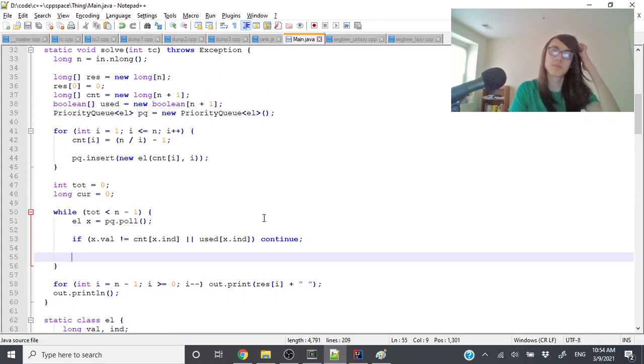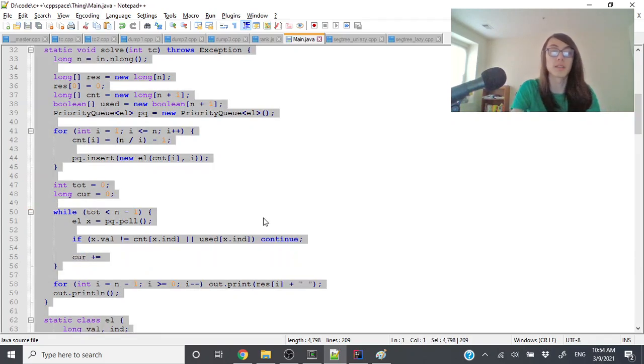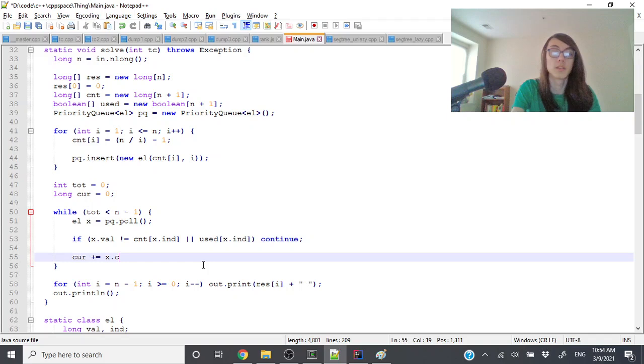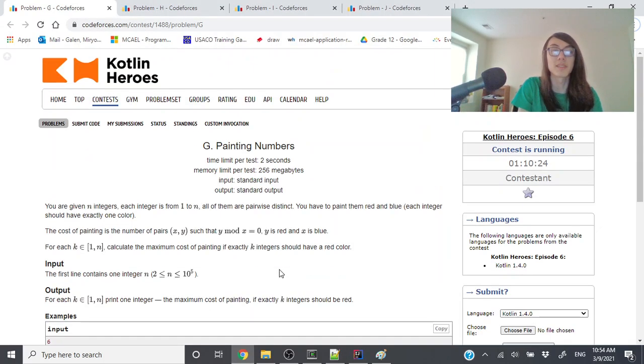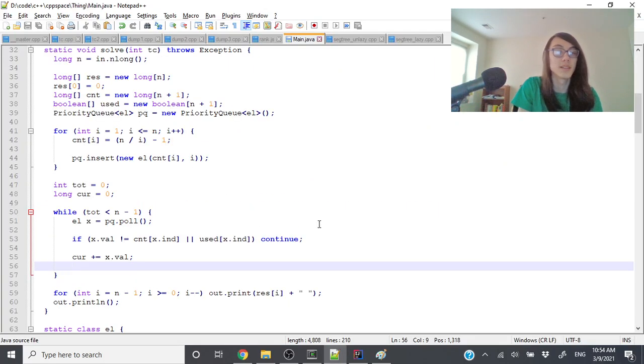Otherwise, cur plus equals x.val. This is n log squared, also not the best, but I guess that's fine. Let's see.